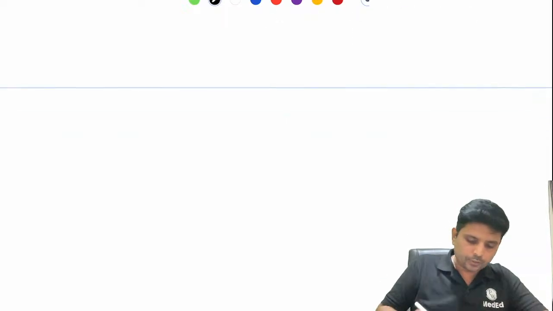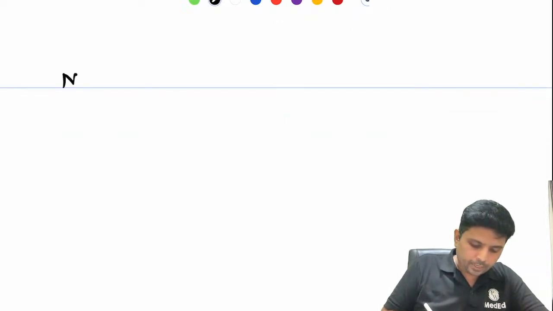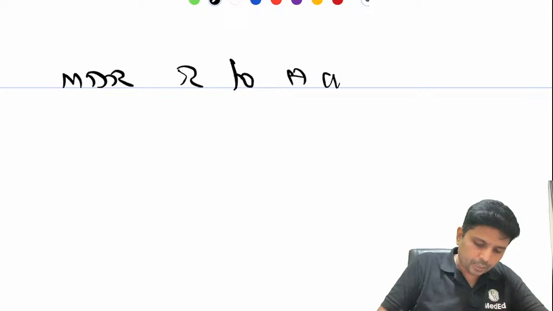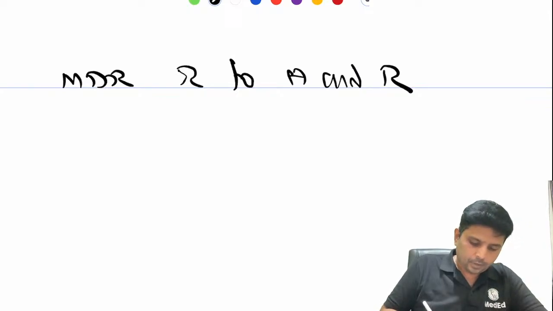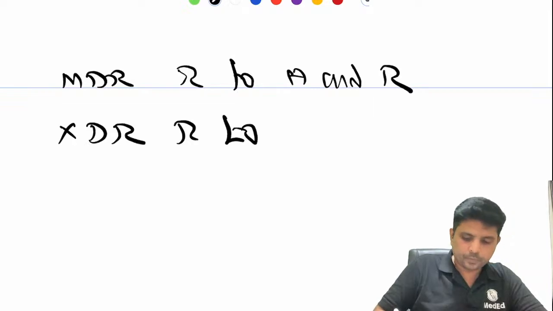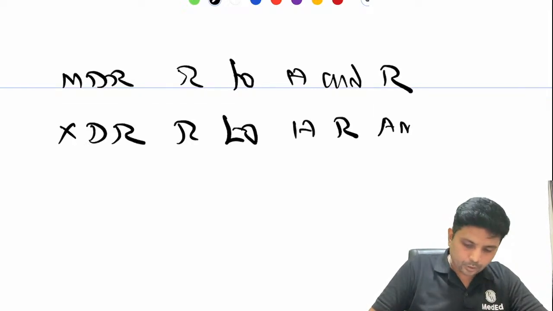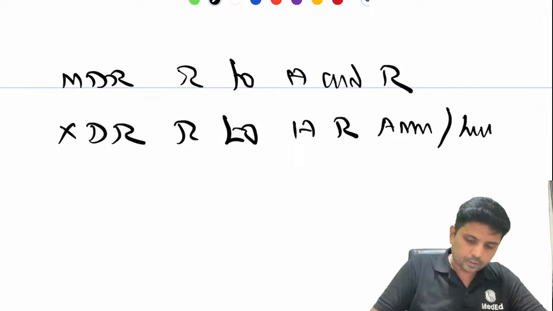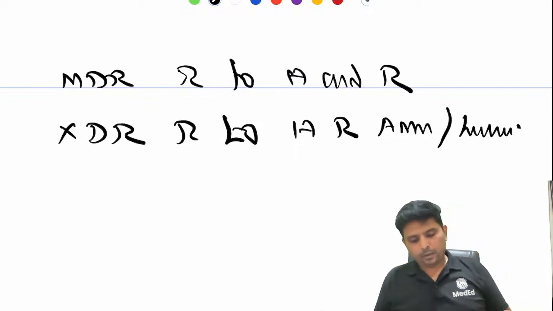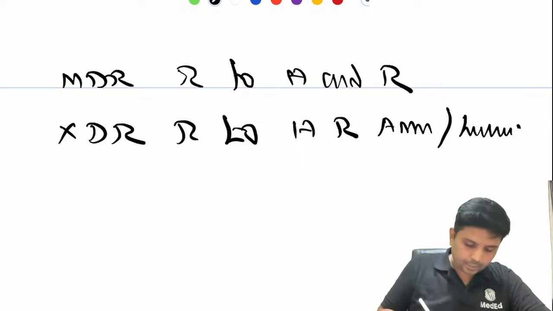So what is MDR-TB? MDR-TB is resistant to H and R. What is pre-XDR TB?